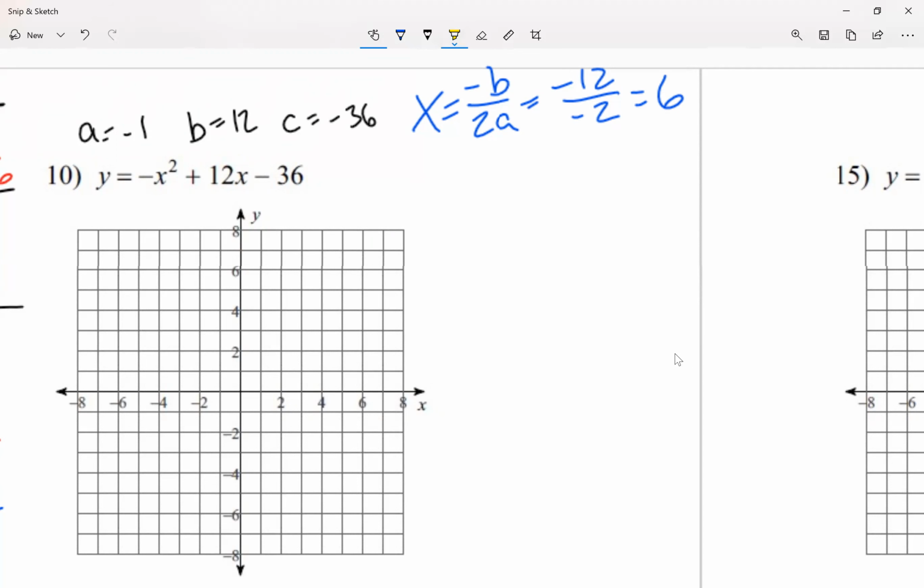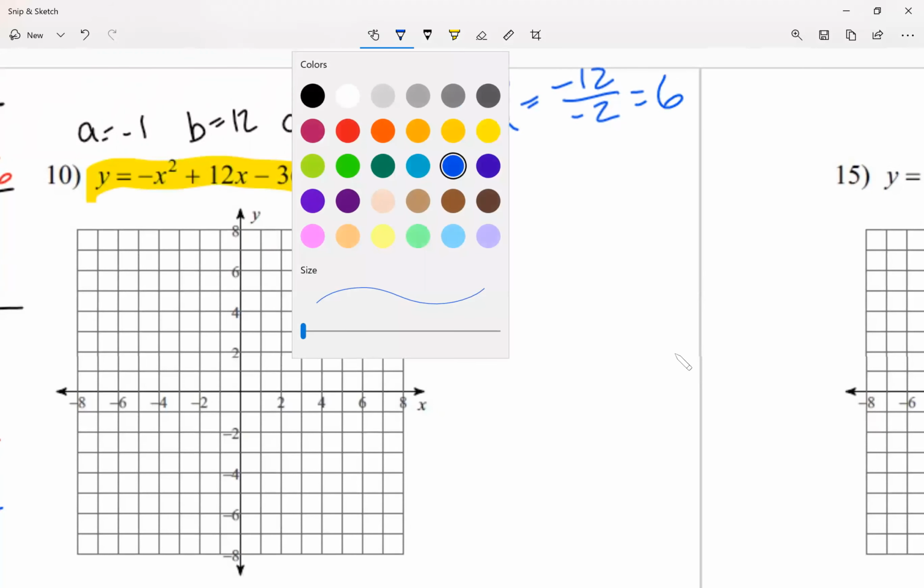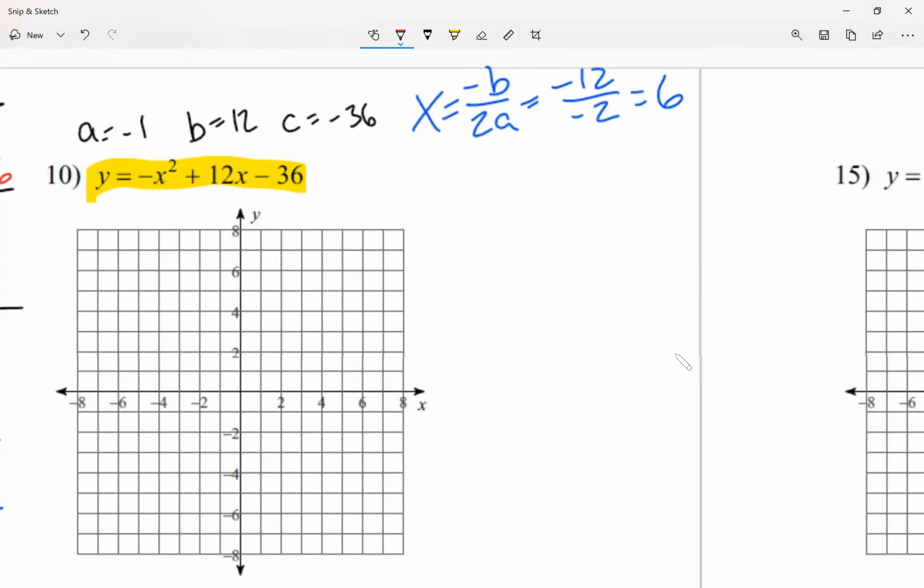I'm going to use this equation to find the Y value. Now, one thing very, very important: the negative value on the X. I'm going to say Y equals, the negative has nothing to do with the square. I'm squaring X first, and then I'm getting the negative.